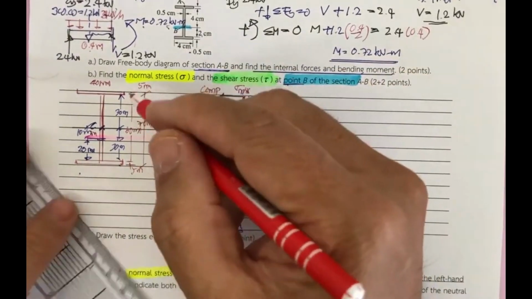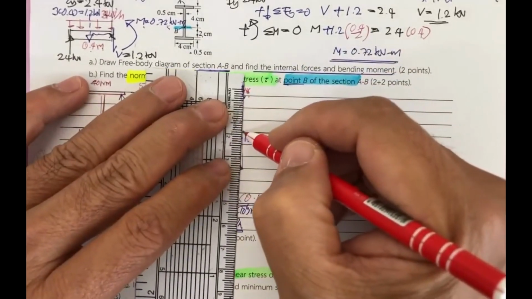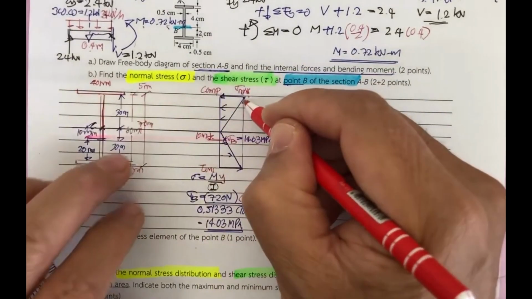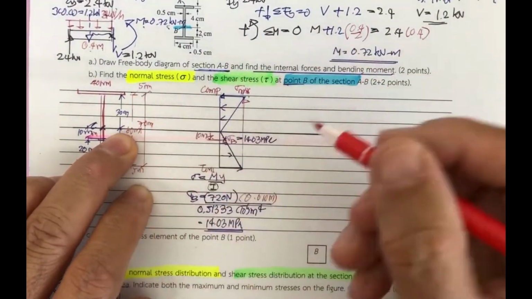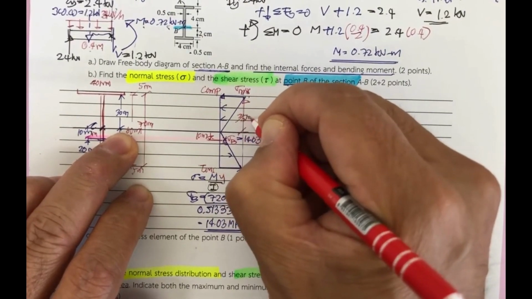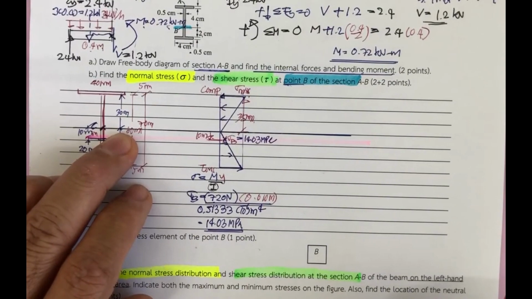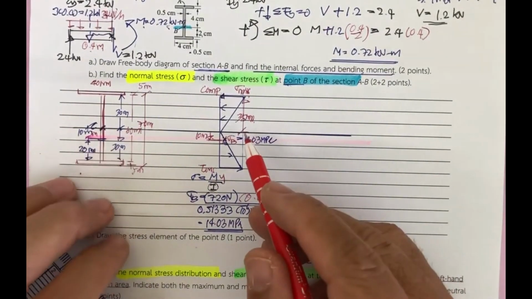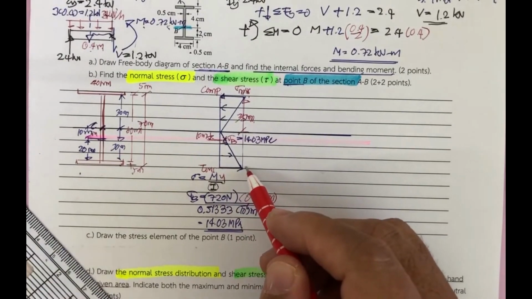Also, if you would like to find the sigma max, can you find it here? Sure. You measure from this point to this point for the y. That means this is going to be 30 millimeter and 5 millimeter, so you measure 35 millimeter. You can also use the triangle to determine it.